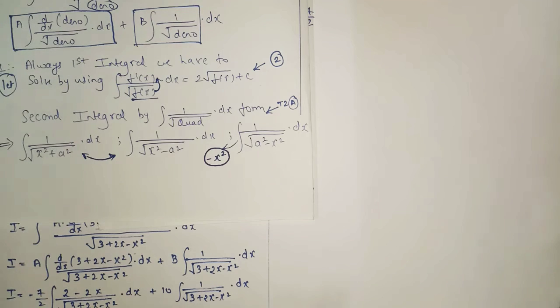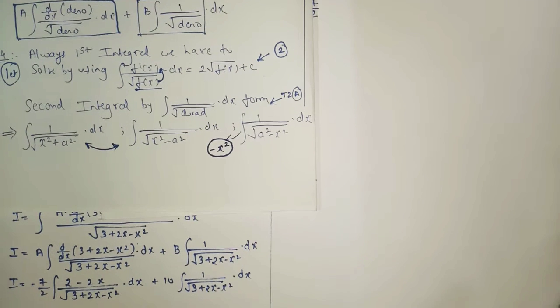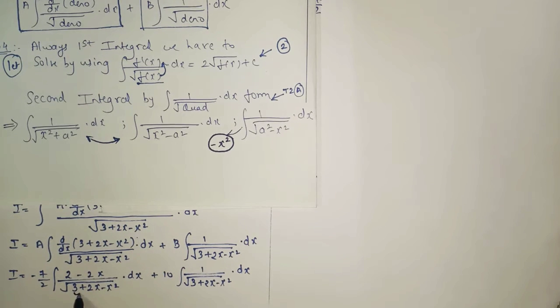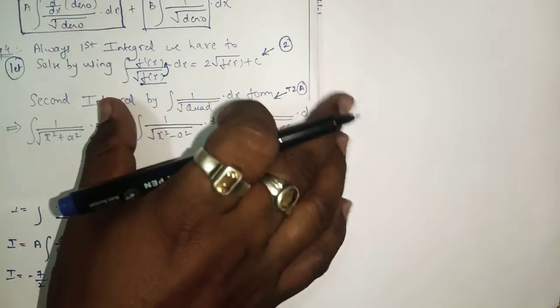So when you will see derivative of this section, okay, derivative of this section, 3 is 0, derivative of 2x is 2, and derivative of minus x square is minus 2x. So derivative of this denominator is exactly matched with the numerator. Derivative of this part, that means derivative of f of x, it should match with f dash x. So it is perfectly matched with the numerator, so we can apply the property.